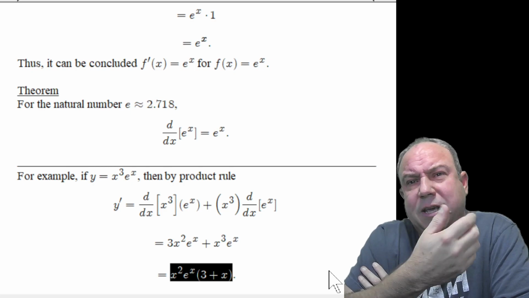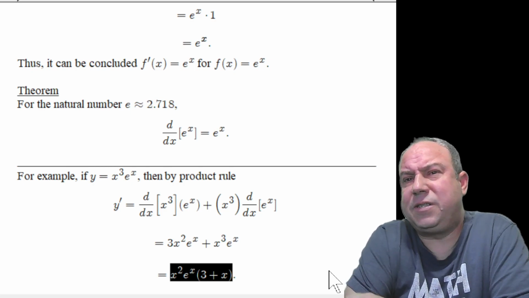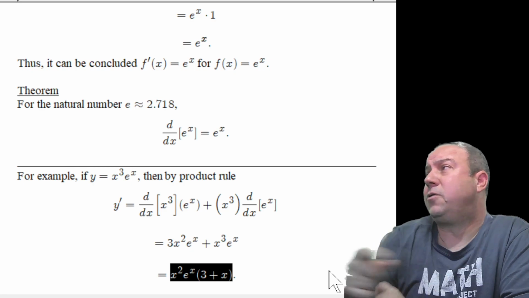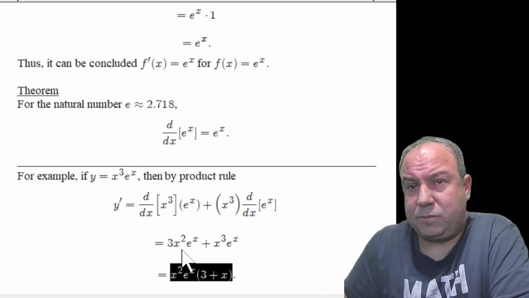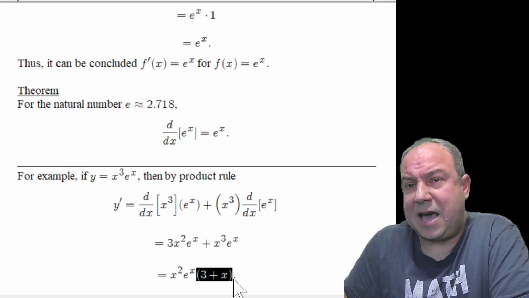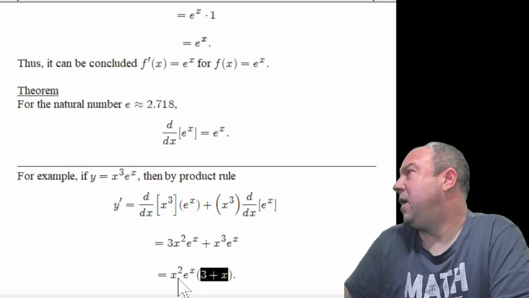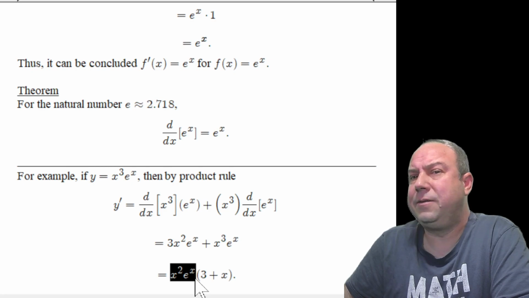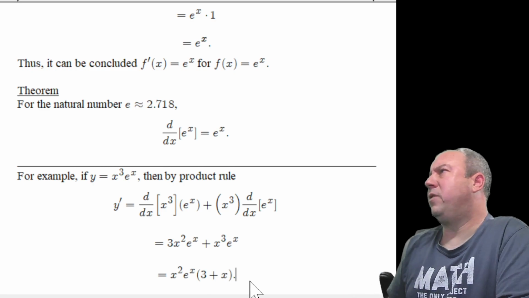Factoring produces a common factor of x squared and e to the x. If we factor those out of our two terms, we're left with 3 plus x, and that common factor of x squared e to the x. Just a quick little example with that result.